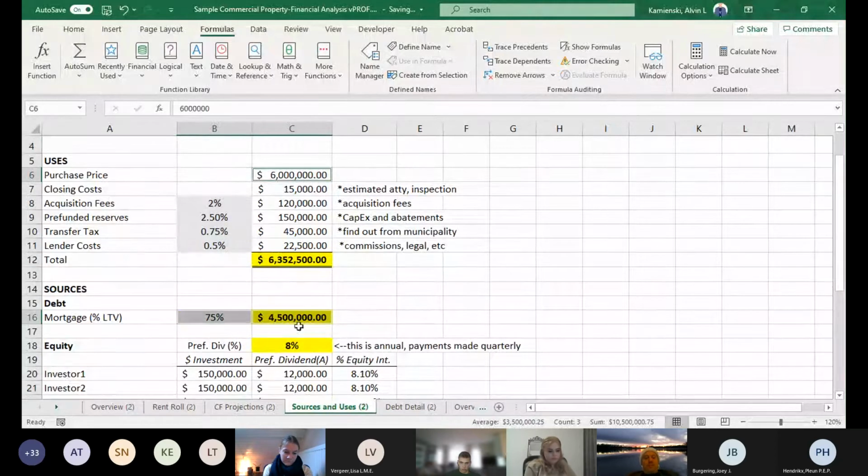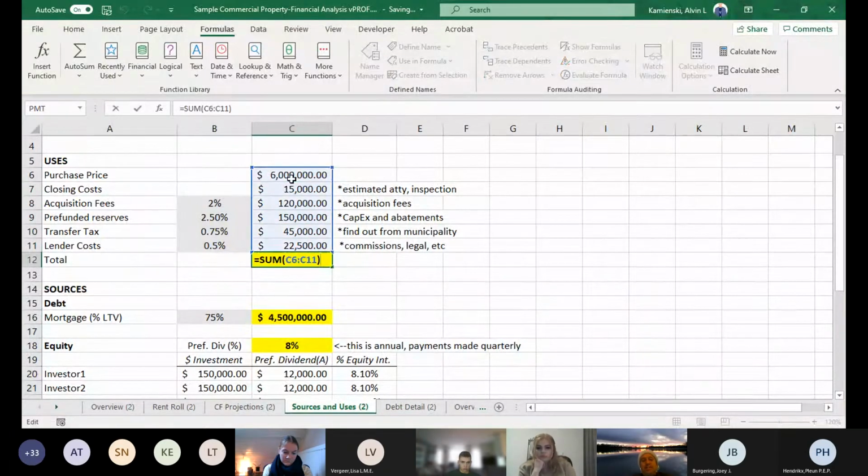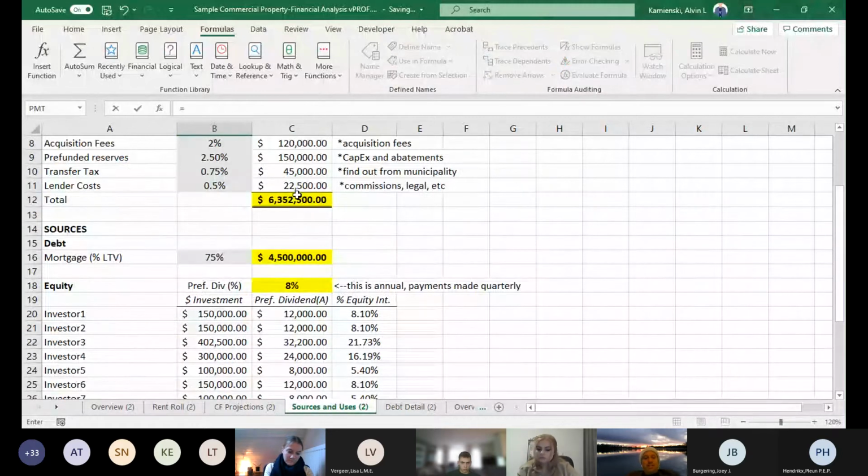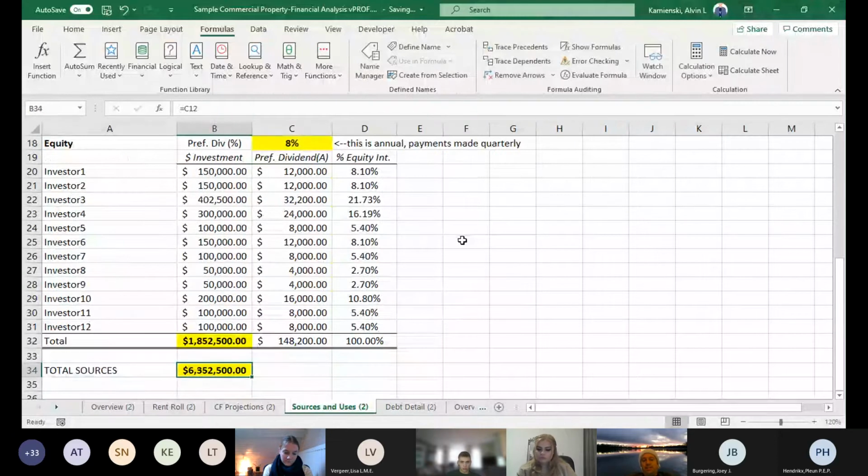So if they're going to pay us $4.5 million, but we need $6 million for the building, plus all additional costs, that tells us that our total sources that we need to come up with is $6.352 million.